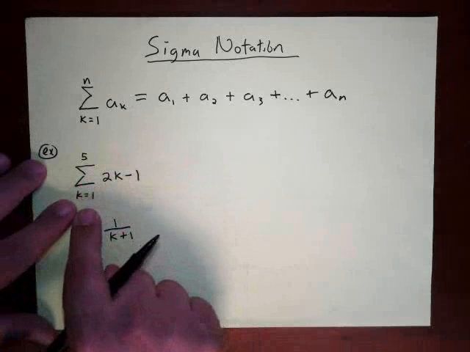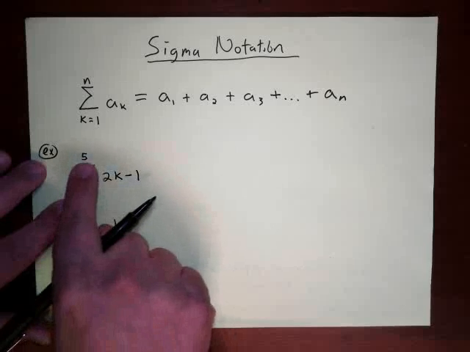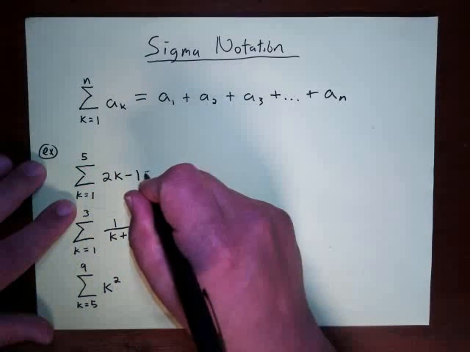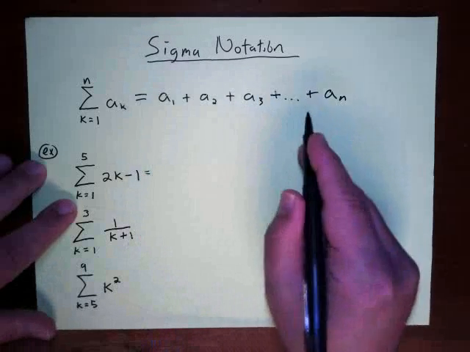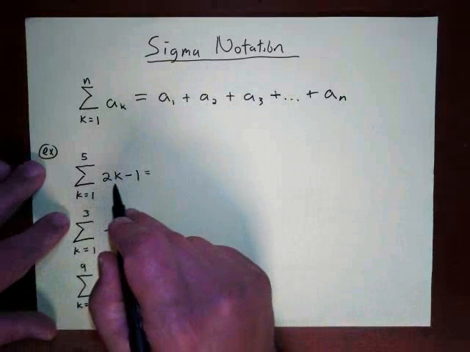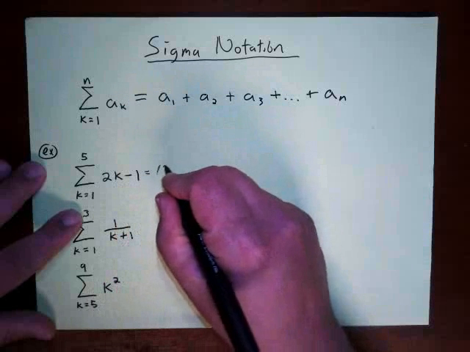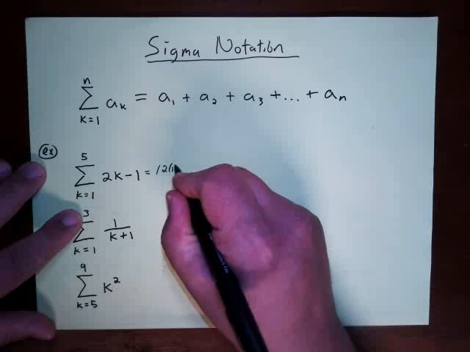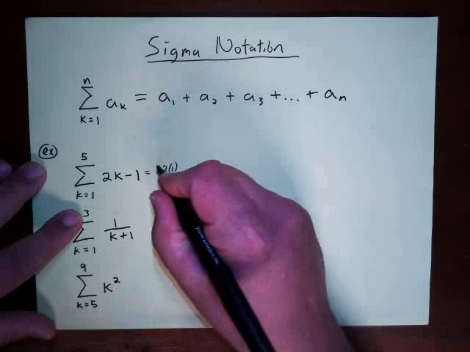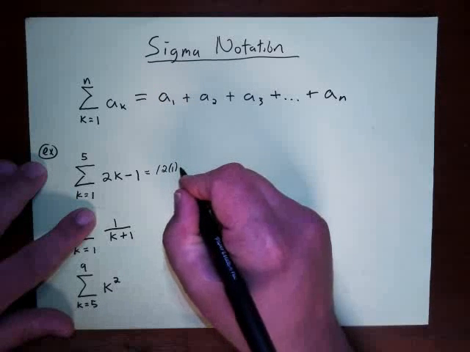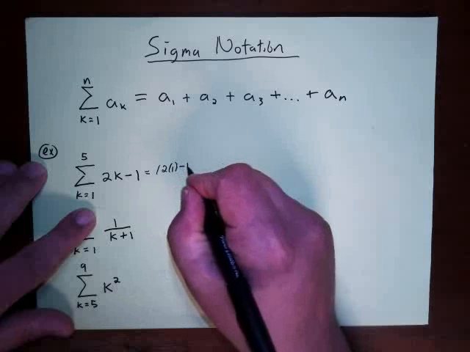This is the sum as k goes from 1 to 5 of the expression 2k minus 1. For each of these terms, we're going to plug k into here, starting with 1. So the first term would be 2 times 1 minus 1.